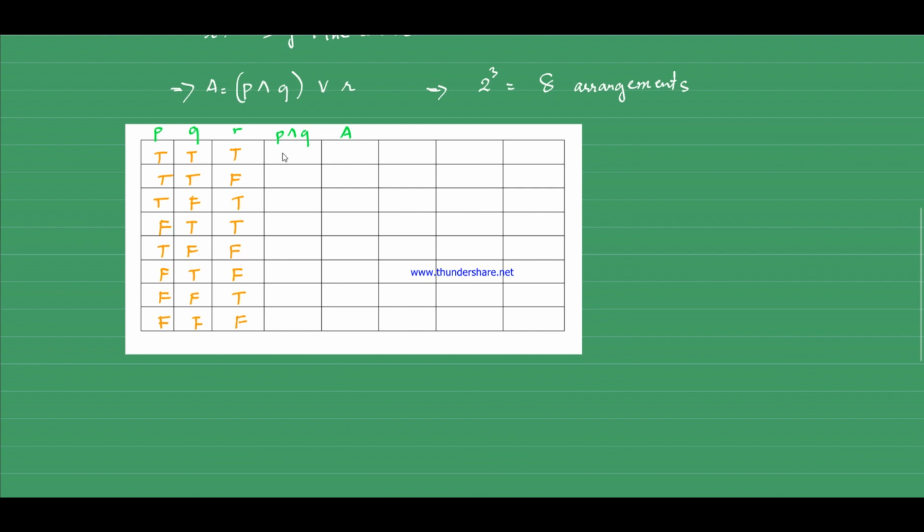Now we're going to do P intersect Q. This is the delivery promise example I gave you. PQ, so true, they deliver both, so this one will be true. This one also will be true because it delivers both.